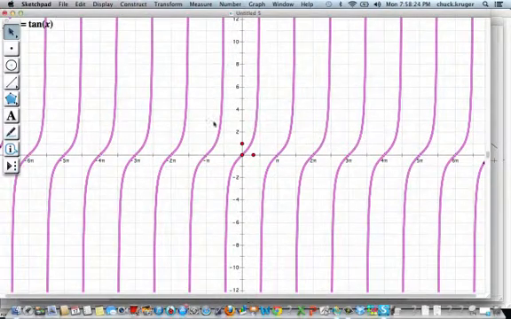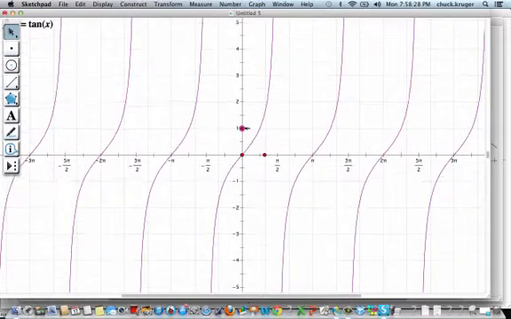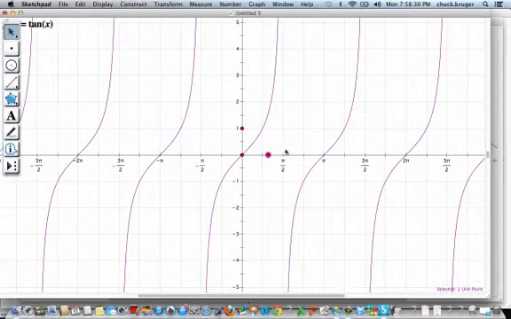And you can see it's repetitive and it has asymptotes here at pi over 2 and at negative pi over 2. So if my domain is restricted right here, its inverse will be a function.